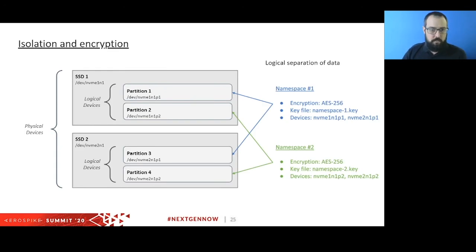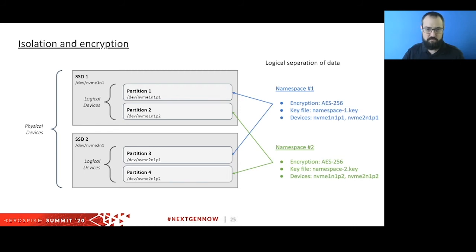So remember that one of the scopes that we were able to apply when we were looking at the access controls is the namespace. Namespaces not only provide a scope for the access controls, they also configure the storage layer. That configuration includes which physical or logical device the data is persisted to, enabling AES encryption, and which key is used to encrypt and decrypt that data.